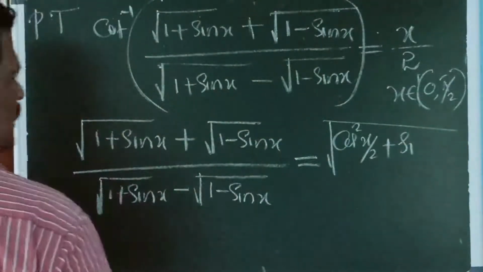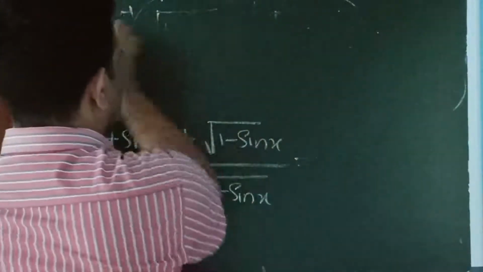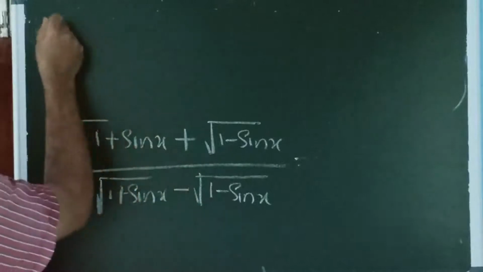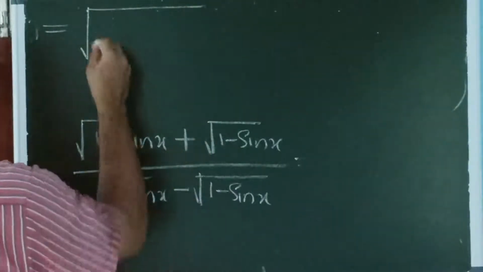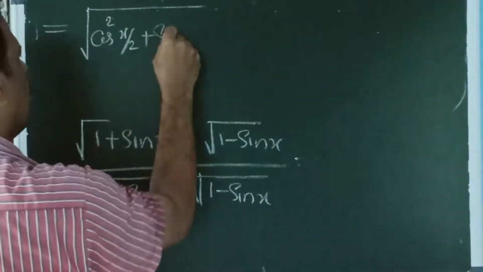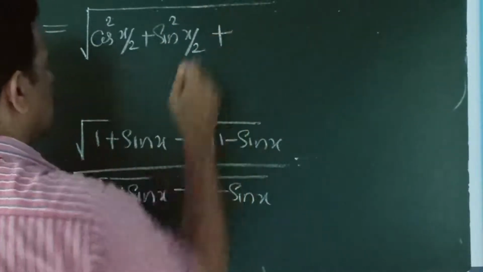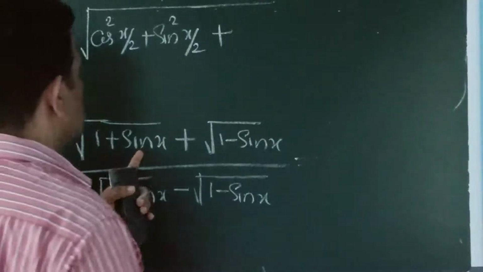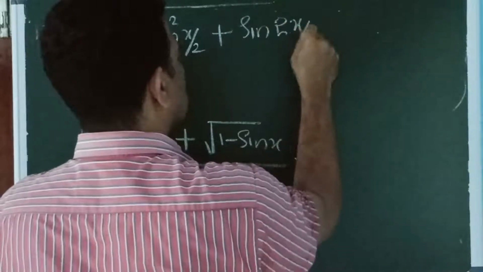Then we can write this is equal to square root of (cos square x by 2 plus sin square x by 2 plus sin x, which is sin 2 into x by 2).